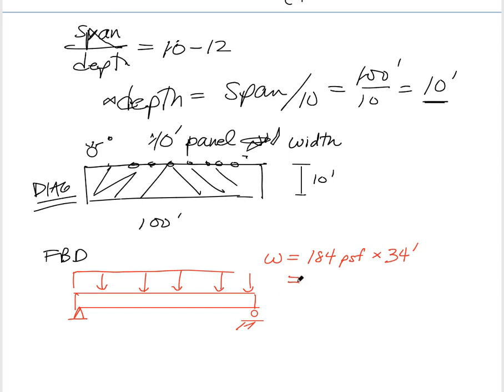That gives us a distributed load of 6.2 kips per lineal foot.